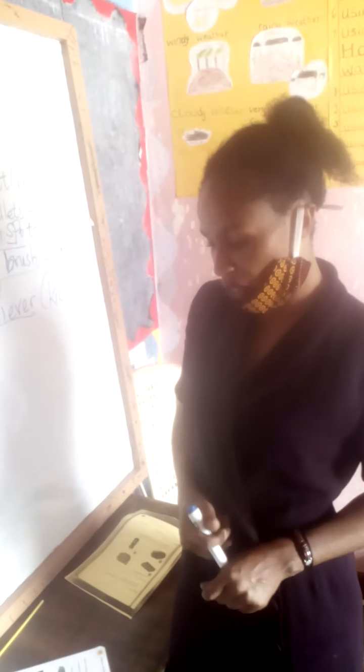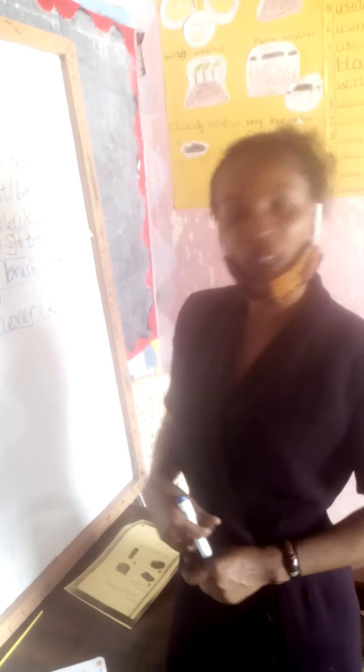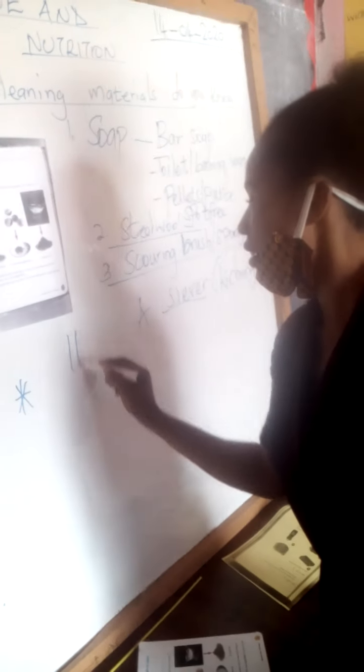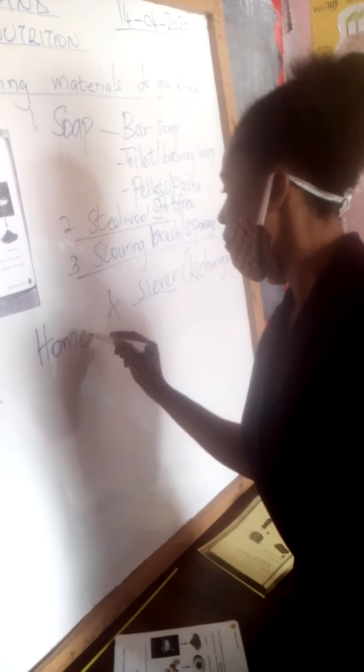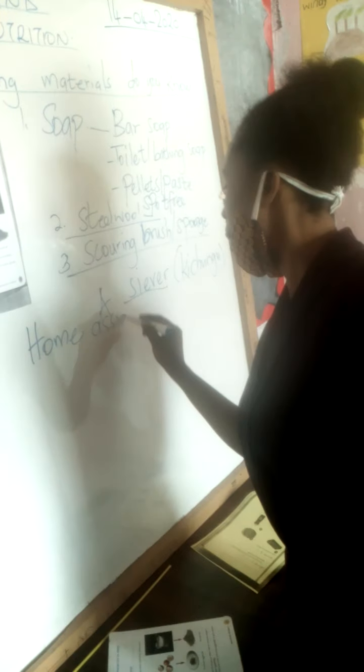Before we end our lesson, I want us to make to ourselves some of the improvised materials and to present them online. So our materials, we are going to collect eggshells. This is our home assignment.